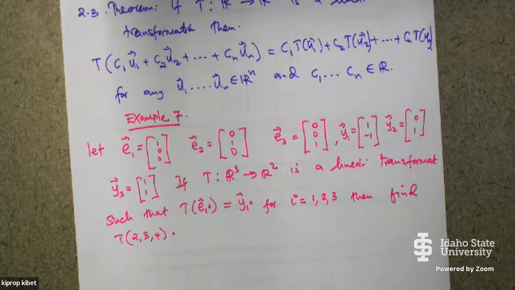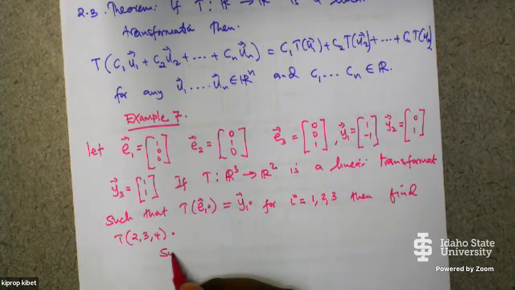So if these are E1, E2, E3, and we are told that the transformation of Ei is equal to Yi, then find the transformation of (2, 3, 4). So what is our solution here? So let's look at this.